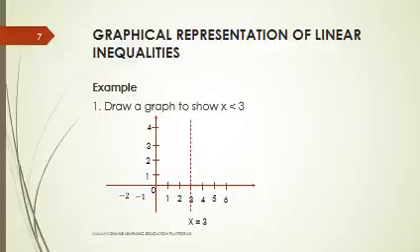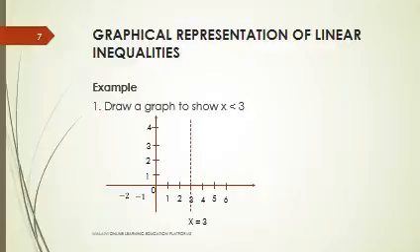When I was introducing this topic, I said we have some concepts. One of the concepts is that when we have less than or greater than, the line should be dotted. When we have greater than or equal to, or less than or equal to, the line should be solid. In our case, we have less than, so we need to put a dotted line. In terms of shading, we said we need to shade the unwanted region.